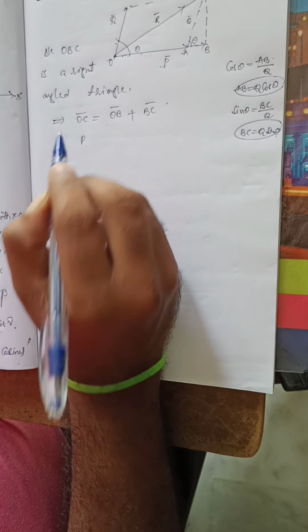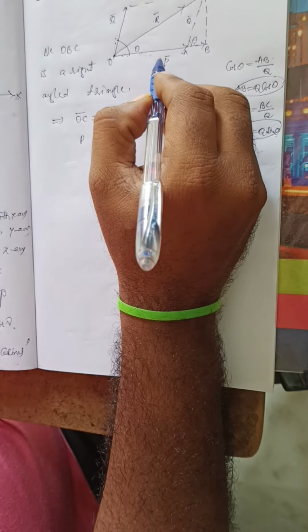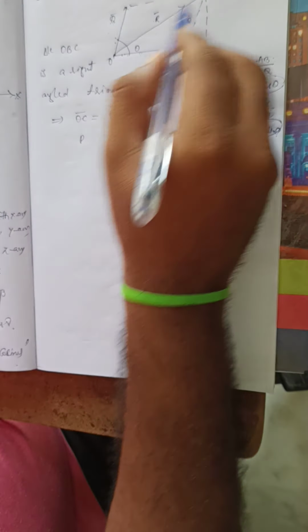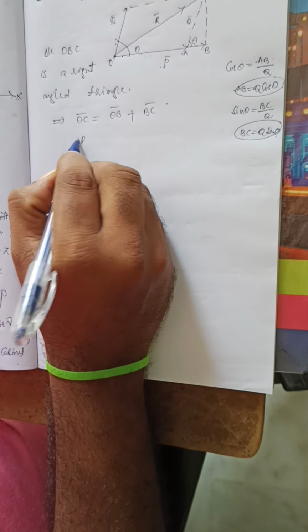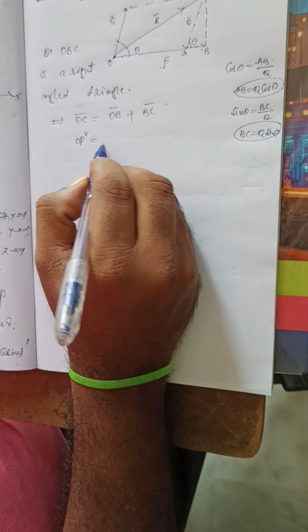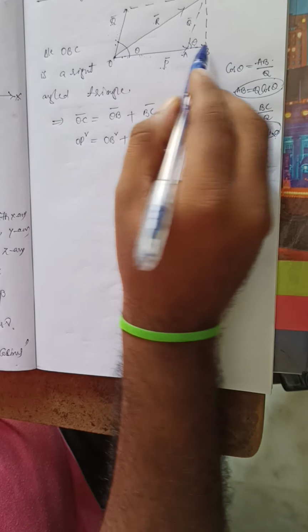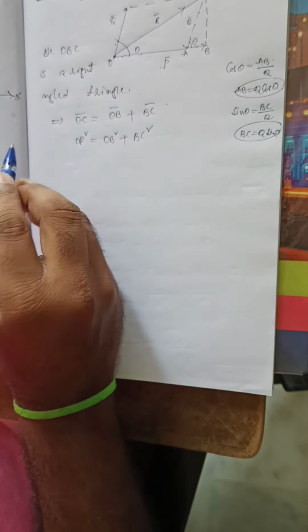According to Pythagoras theorem, OC square is equal to OB square plus BC square.